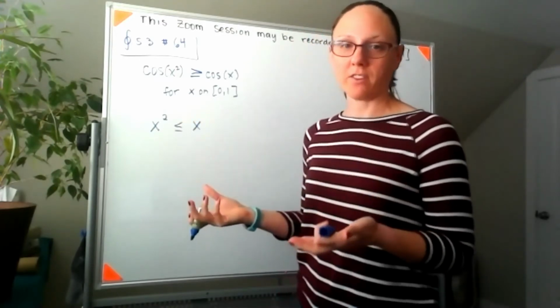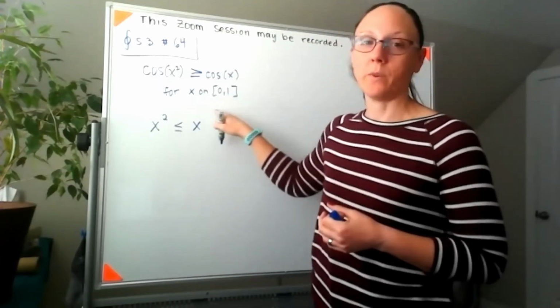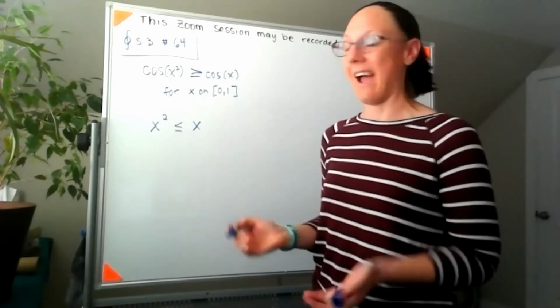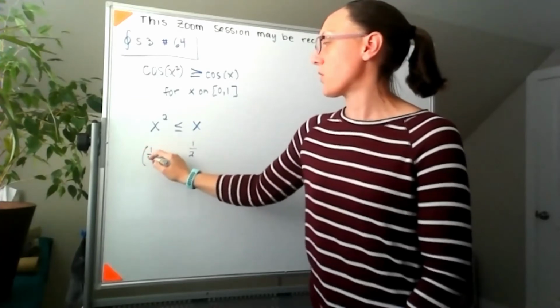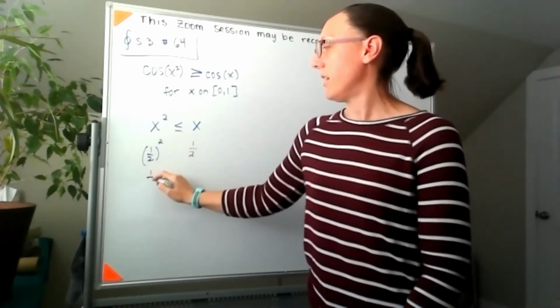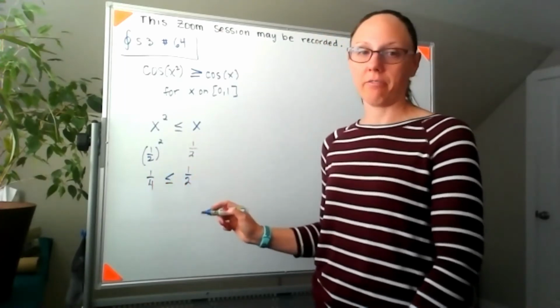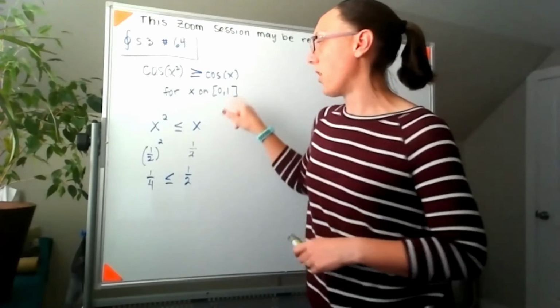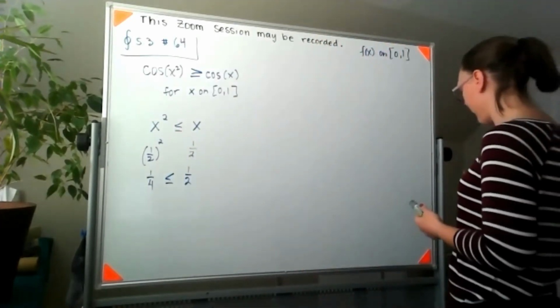And I know that feels a little bit backwards, but if you think about a number between 0 and 1, like 1/2, if you take a half and then you square a half, you'd get 1/4, which is definitely less than a half. So on 0 to 1, x squared is less than x.